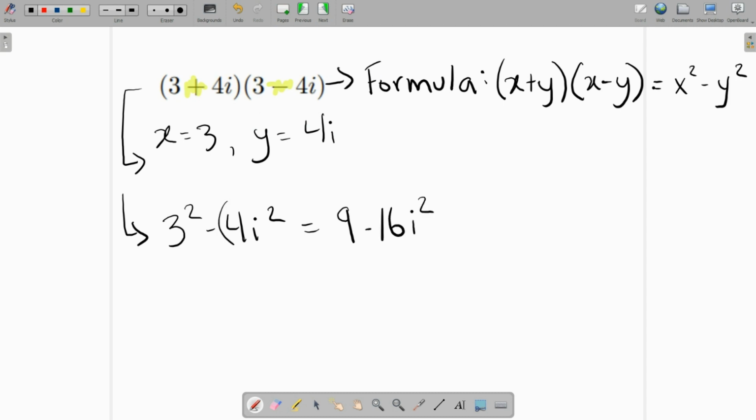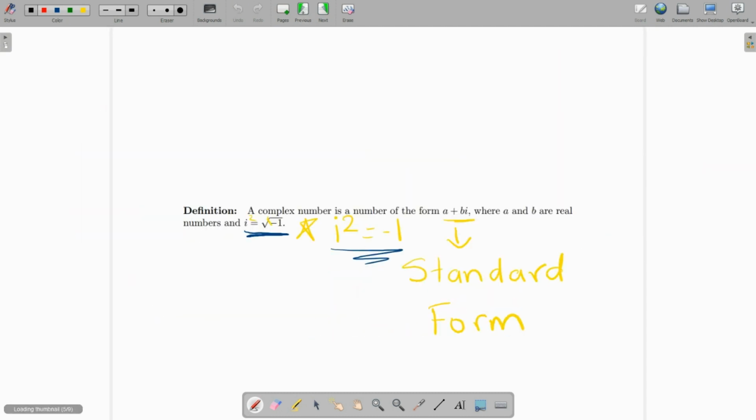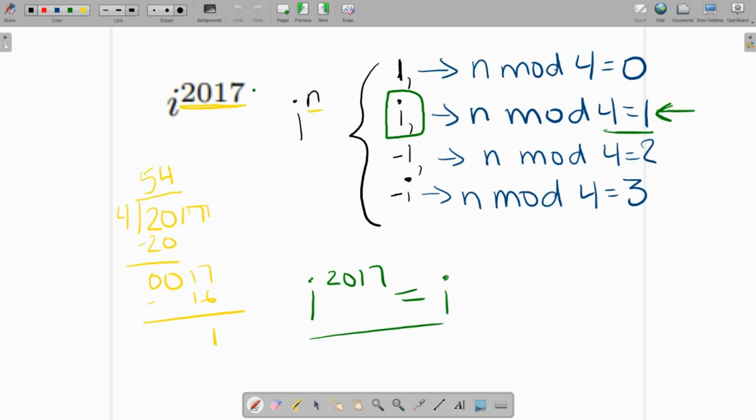Remember that 4i is just one term, and we're squaring the whole term. That's why we get 16i squared. And if you remember from the previous pages where we learned the definition, i squared is equal to -1.